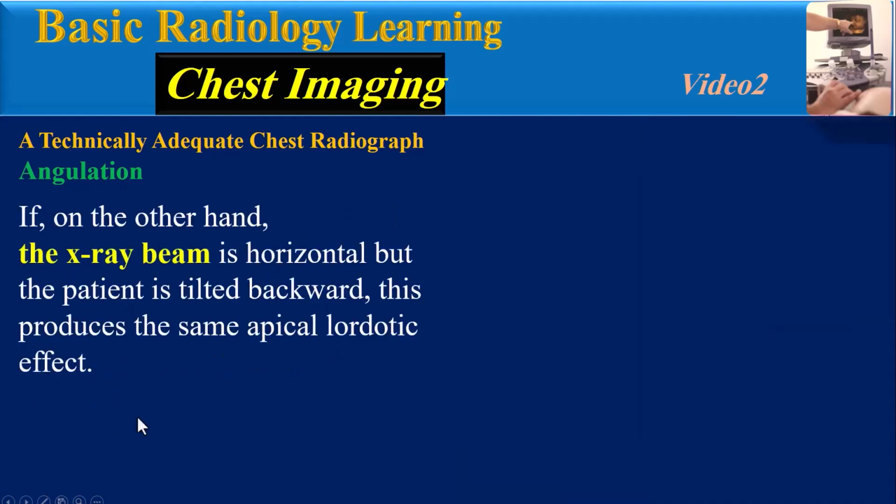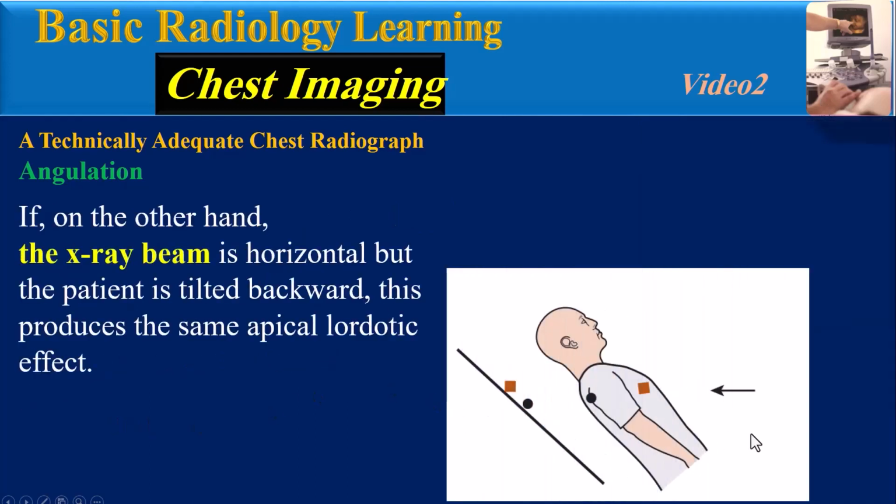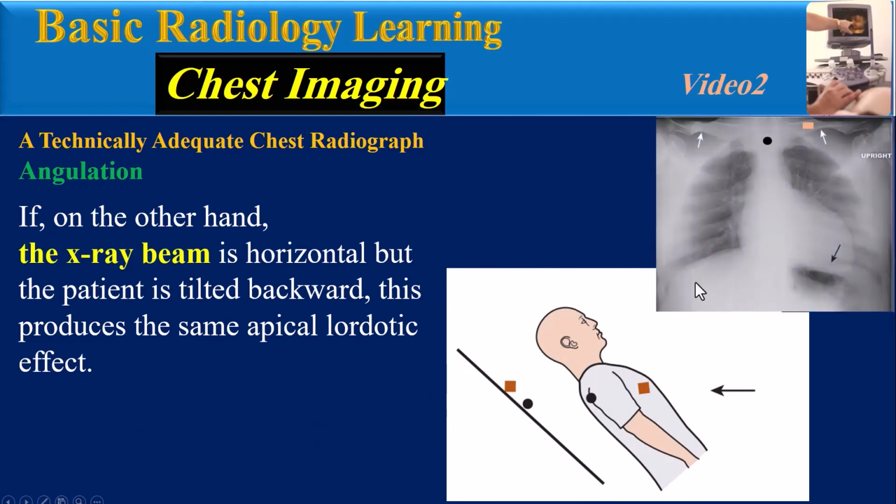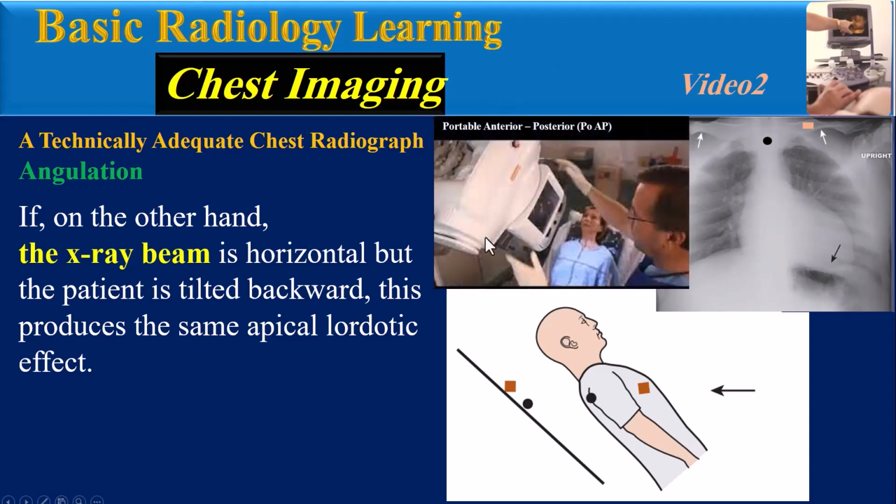If, on the other hand, the X-ray beam is horizontal but the patient is tilted backward, this produces the same apical lordotic effect. As we can see here, this leads to the exact same result as the apical lordotic view, and is how semi-recumbent bedside AP studies in hospitalized patients are frequently obtained on patients who are not able to sit or stand upright.